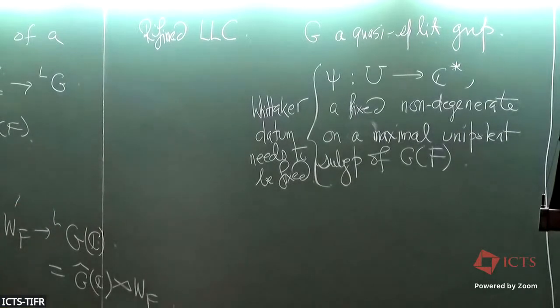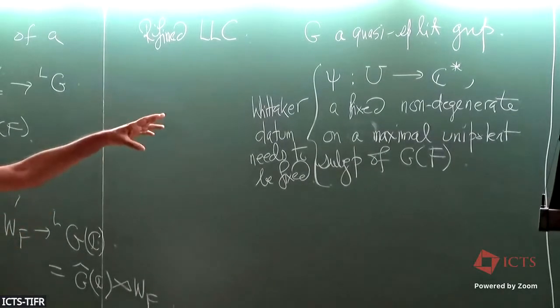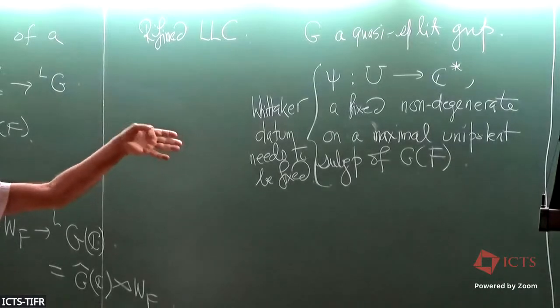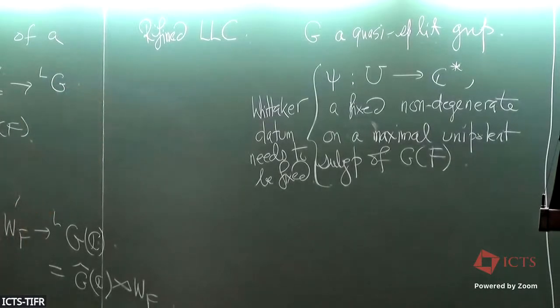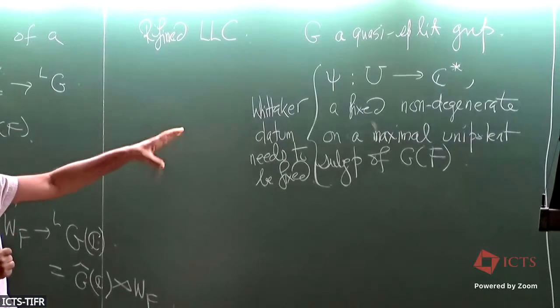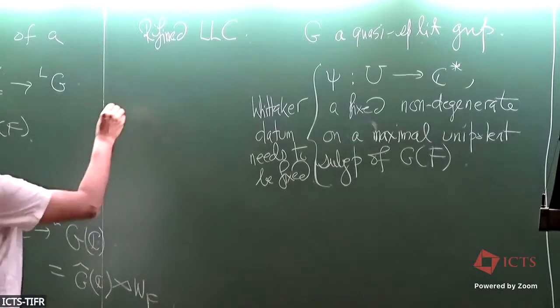Just to give you an example, for GLN, any two Whittaker datums are conjugate by B, but for SL2, they are not conjugate by B. So SL2 theory is a bit subtler than the GLN theory. You need to fix the Whittaker datum, for which there are many different choices.